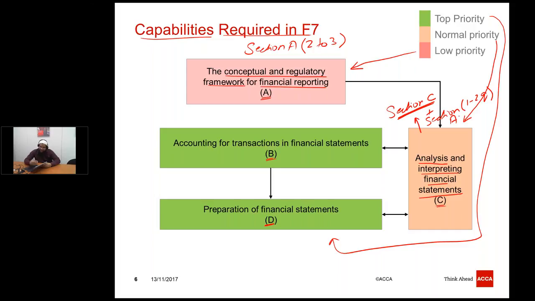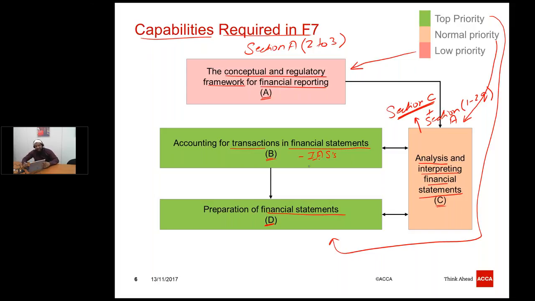And apart from this, the accounting transactions in financial statements, part B, is one of the most important areas, because it includes all of the accounting standards and the final accounts. By final accounts, we mean the preparation of the financial statements, and part D basically includes the preparation of the financial statements.